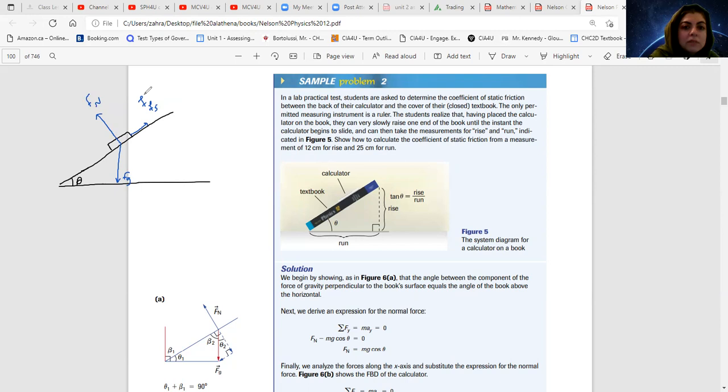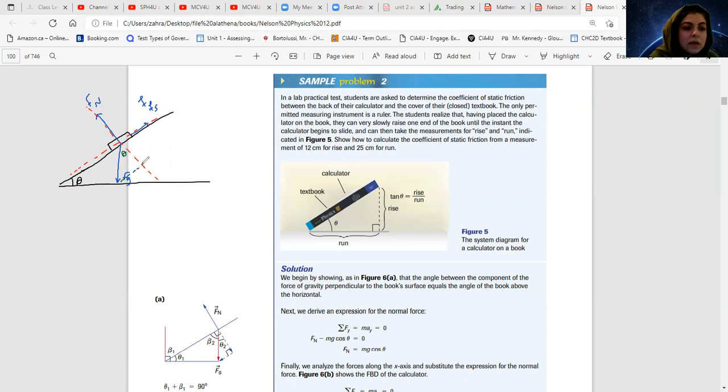I'm taking my y-axis perpendicular to the surface, and my x-axis parallel to the surface. As you see, F of g has two components, x and y. If this is theta, we can prove that this is theta as well.